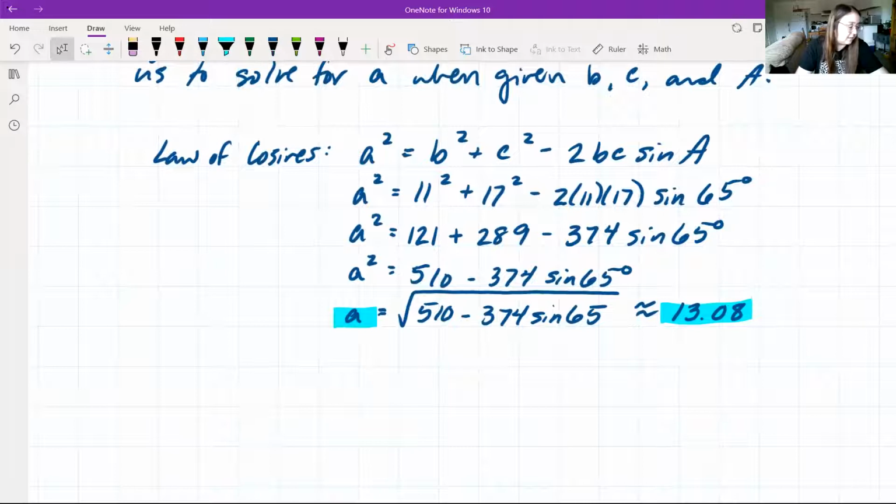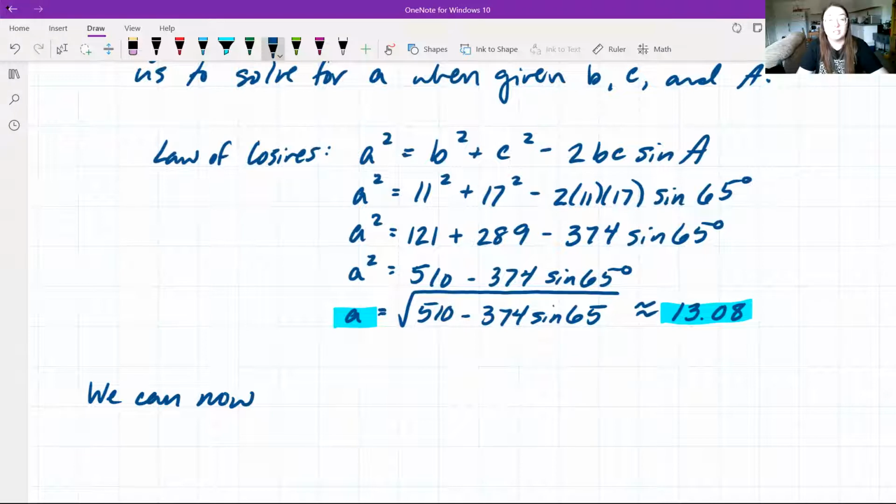And now what this allows us to do is use the law of sines. So we're switching over. You can continue using the law of cosines, but to find angle measurements, it will be a little bit more difficult. We're using the law of sines now.